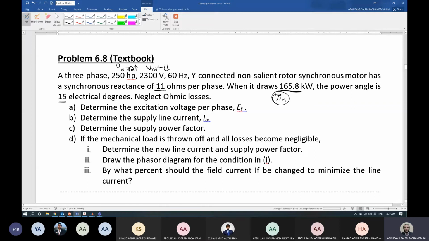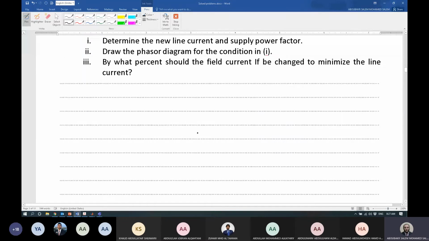In problems, we said that in order to get the excitation voltage EF with its angle delta, you should look for the loading condition. The loading condition can be S with power factor, P with power factor, or IA given with power factor.